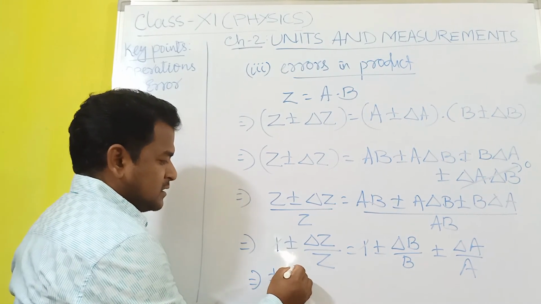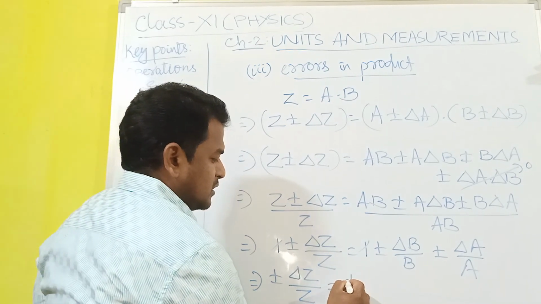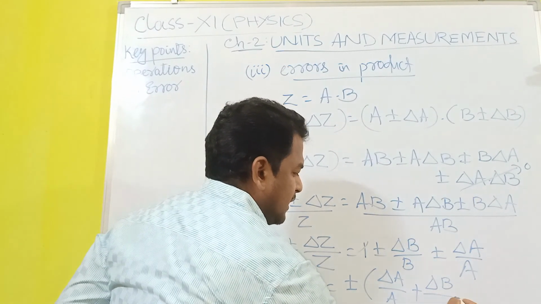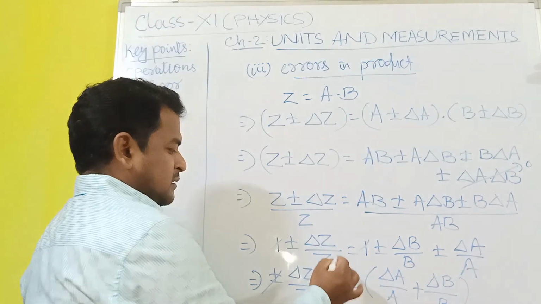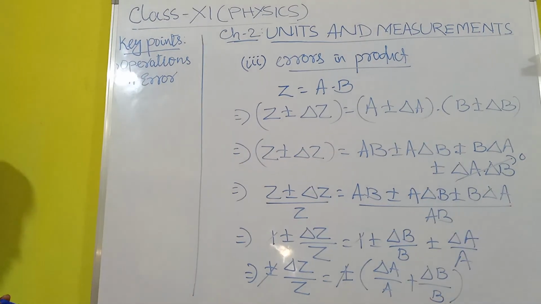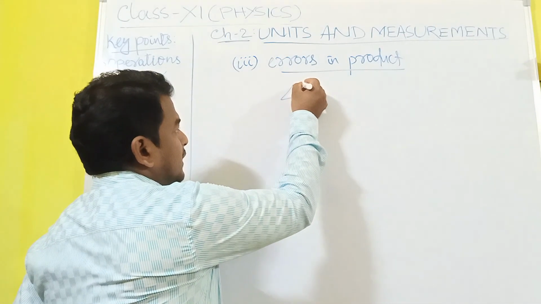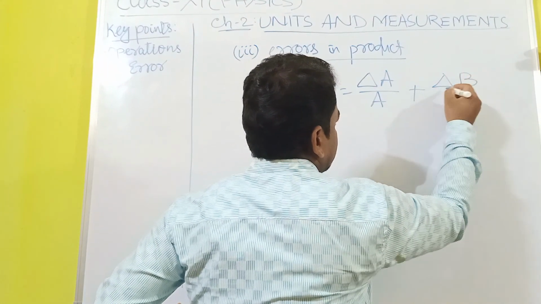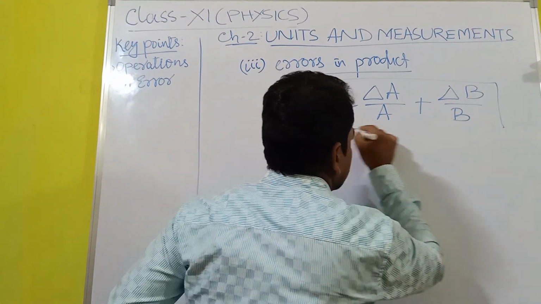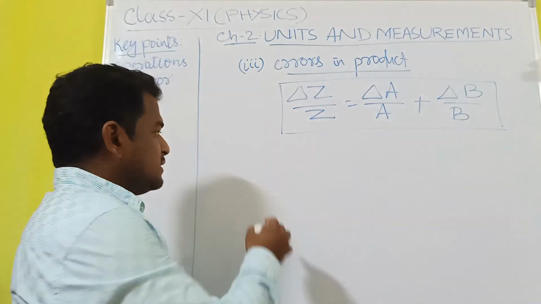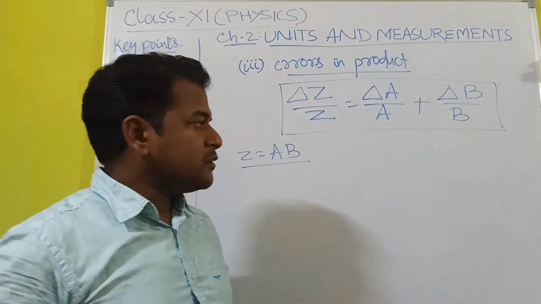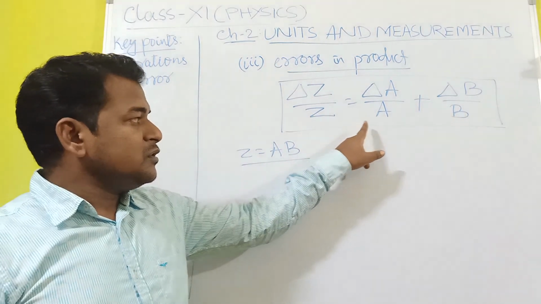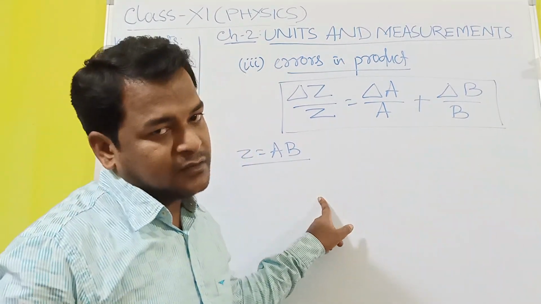So plus minus delta Z by Z equal to plus minus, taking common, delta A by A plus delta B by B. Now cancelling plus minus on both sides, delta Z by Z equal to delta A by A plus delta B by B. So we confirm that if Z equal to AB, then in the propagation of errors, the relative error, delta Z by Z, is equal to the sum of the fractional errors of the given numbers.